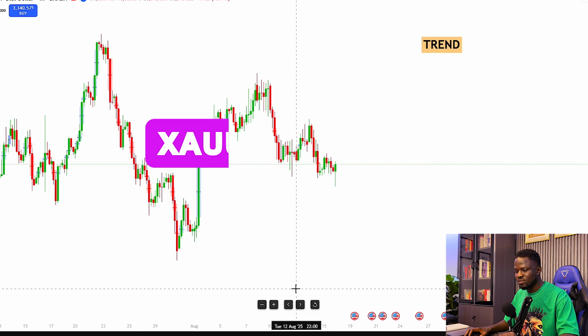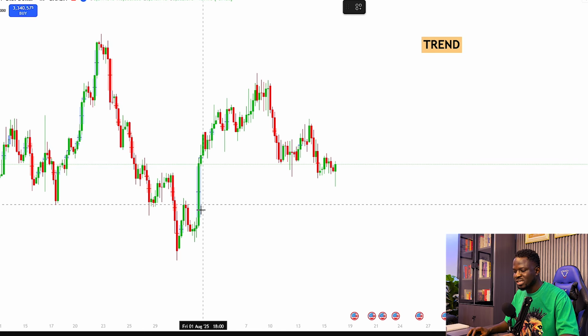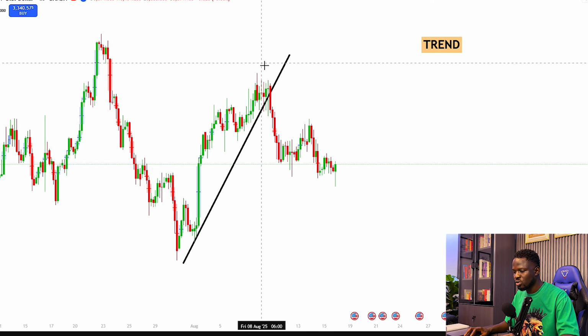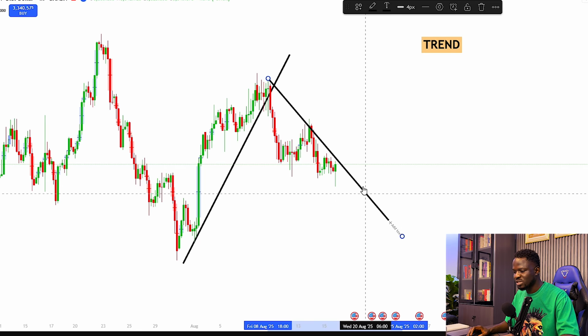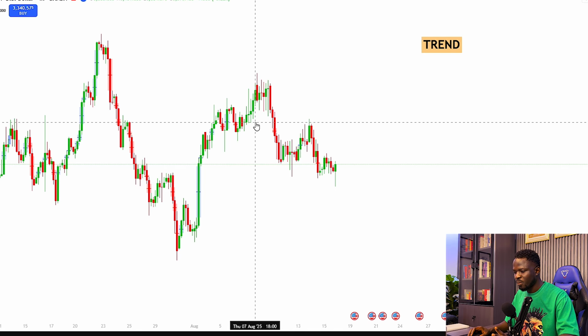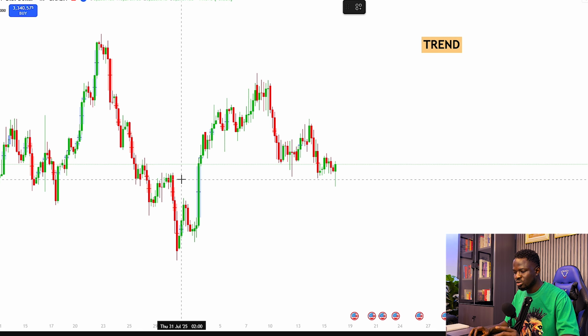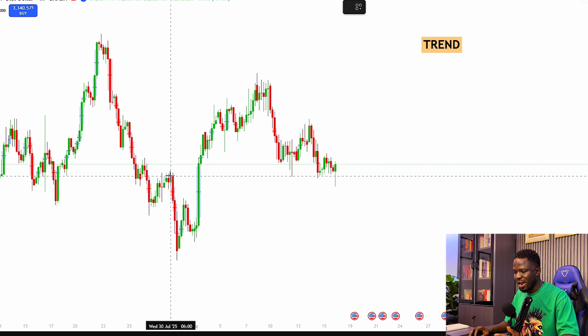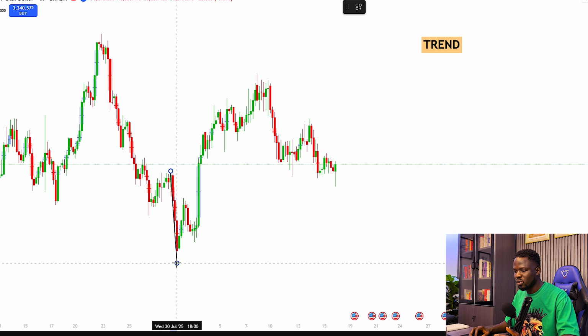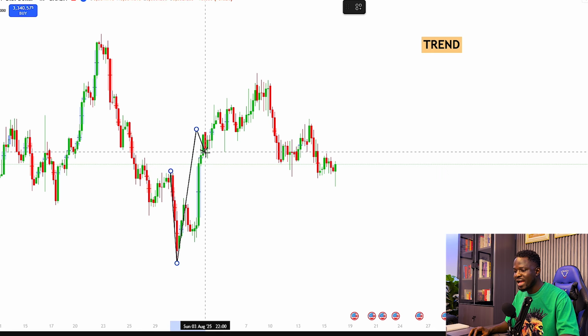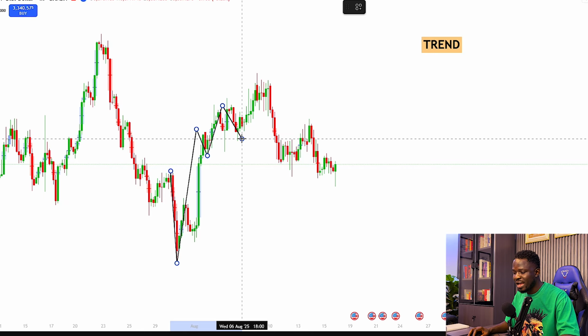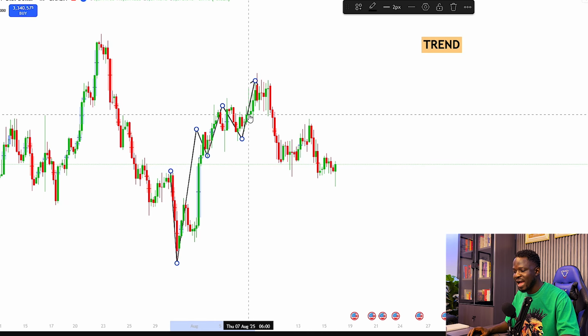If you look at the chart of gold right now, price action was trending up some time ago before the sellers invalidated the structure to the downside. Now I'm going to break it down. If you look at the structure when the price was trending, price formed a lower high here, then created a new lower low, then price invalidated the structure to create a new higher high, higher low, higher high, higher low, then higher high.